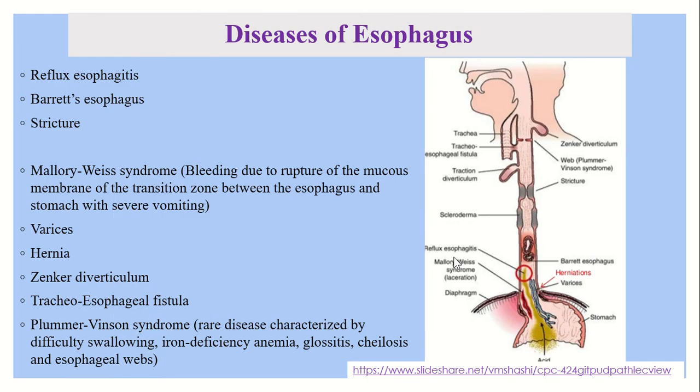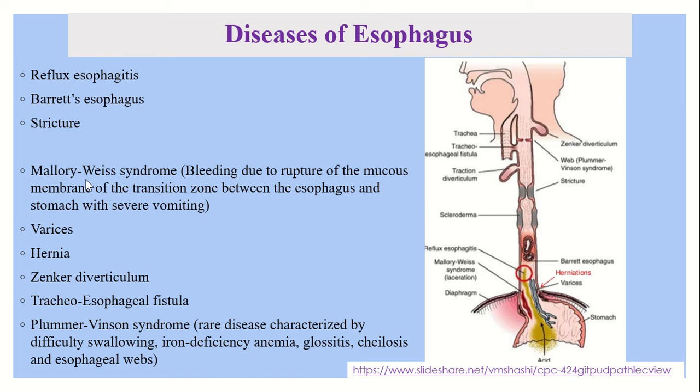The diseases of the esophagus are mainly hernias of the esophagus and infectious diseases, reflux esophagitis, and Barrett's esophagus as well. And here you see the grouping of the esophageal diseases. First, reflux esophagitis, Barrett's esophagus, and strictures. These are the most common diseases of the esophagus, and less common diseases are the Mallory-Weiss syndrome.